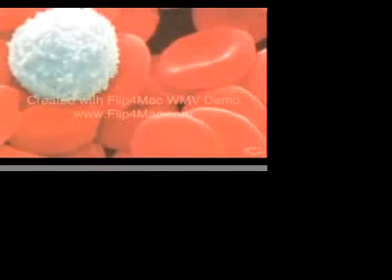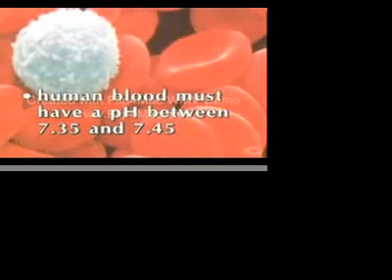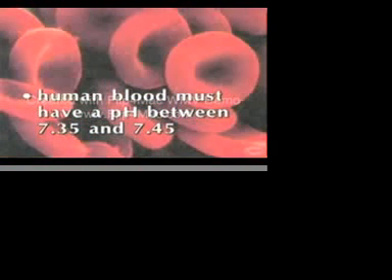Human blood must have a pH between the narrow range of 7.35 and 7.45. Anything outside this range can lead to serious health problems or even death. Our bodies have a special method to keep the pH at a normal level. We maintain a mixture of acids and bases called buffers in our bloodstream, which release or absorb H+ ions to keep a normal pH. Bases and acids are fundamental to life itself.